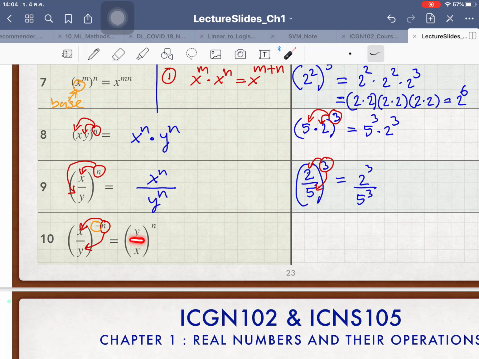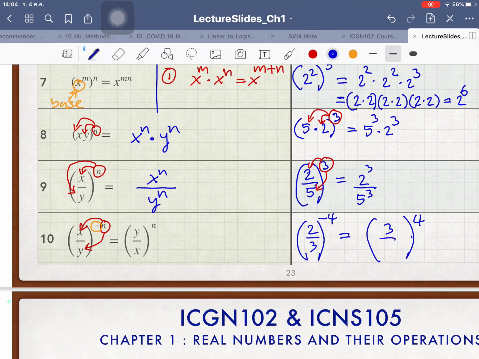You're going to get y divided by x. So here, if you have this example, 2 over 3, and then you put the power minus 4, you can get the power 4. But for the term inside, you need to flip upside down this number, 2 over 3. So actually, you're going to get 3 over 2. So that will be the answer.